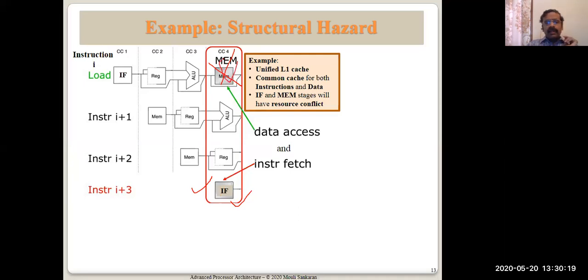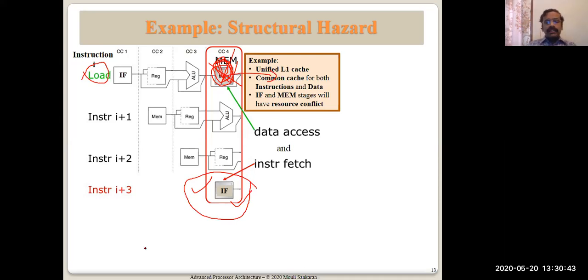If I stop it, what am I doing? I am creating a bubble here. This instruction cannot proceed further. I have stalled this load instruction. Now, having stalled the pipeline, what is the use of reading the next instruction and keeping it in the pipeline?